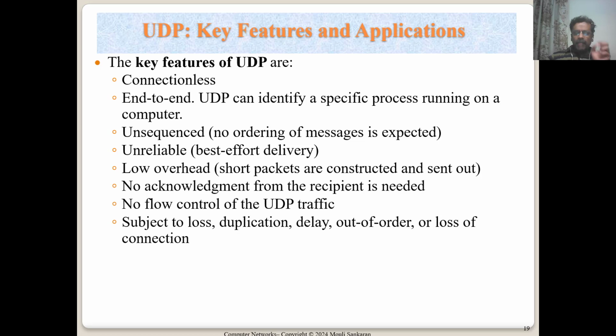No flow control. What I mean by flow control is that you cannot stop generating UDP packets, because there is no way of saying that the network is congested or the server is not able to take your request, so please slow down. That is not possible. Whereas in TCP, you can actually slow down the generation side of your data.